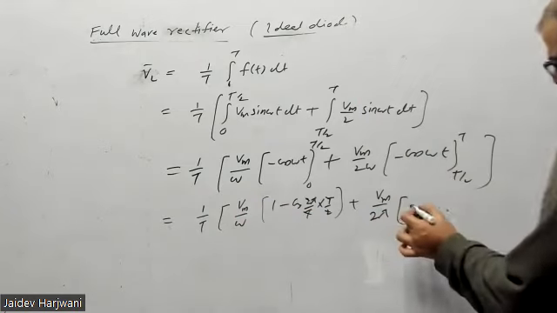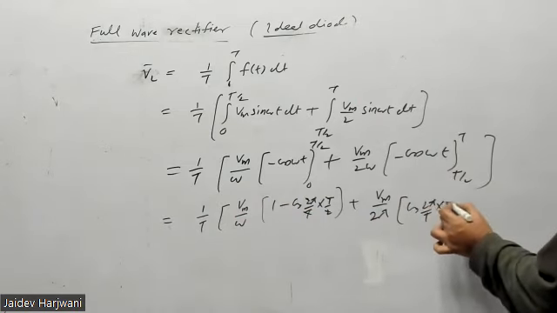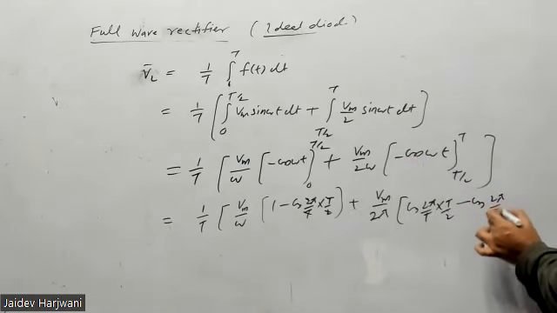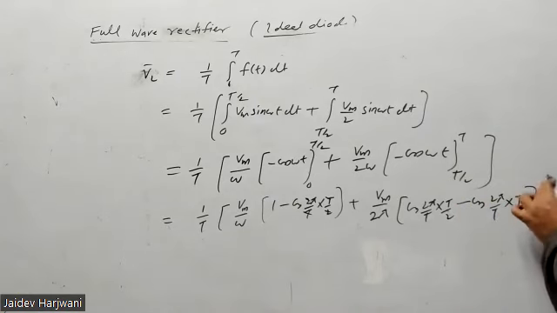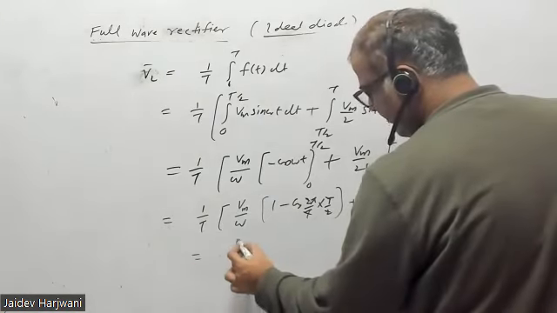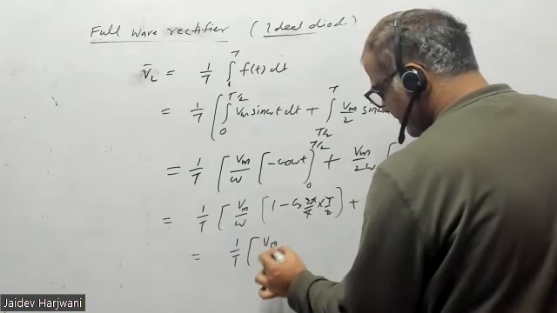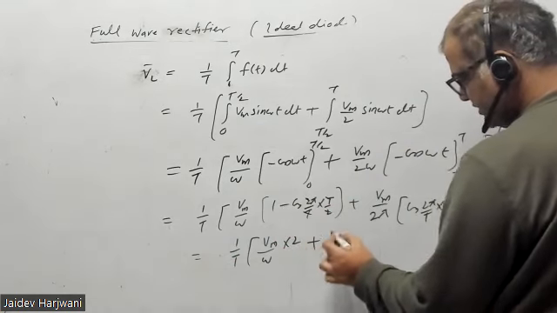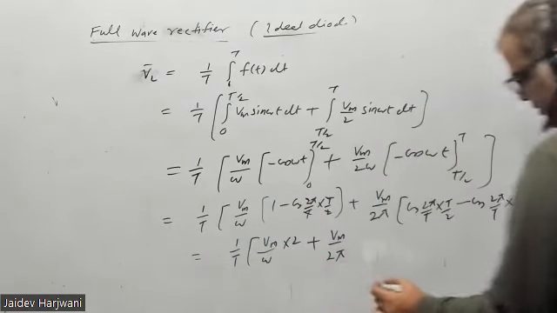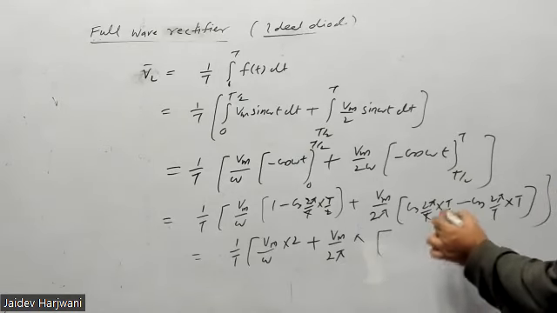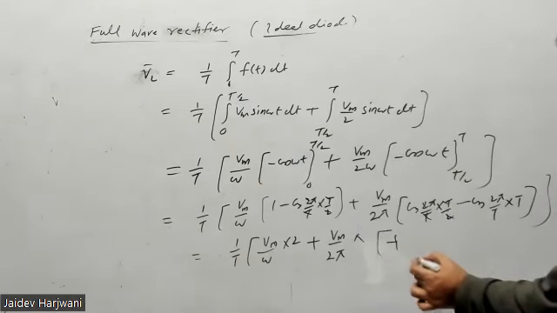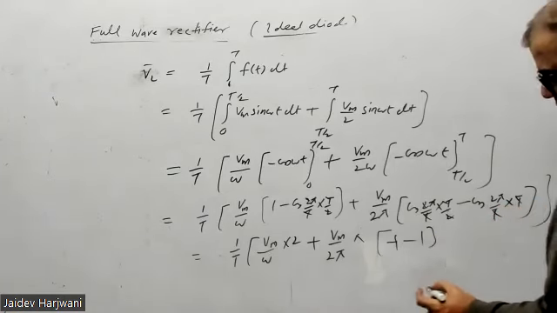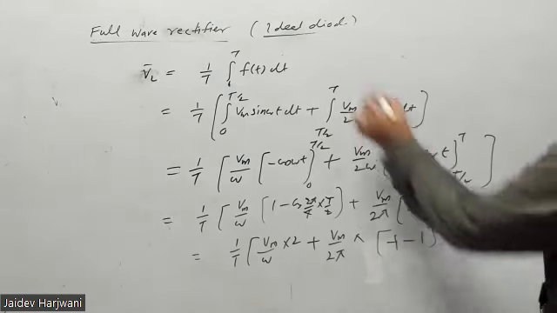Again I put cos 2 pi upon T, I'm putting T here, first because I'm observing minus. So this gives me 1 by T, Vm by omega, cos pi minus 1, this gives me 2, plus Vm upon 2 pi. How much does this give? From T by 2 to T, cos pi minus 1, this one is 2 pi minus 1 minus 2. If you solve this one, how much do you get?